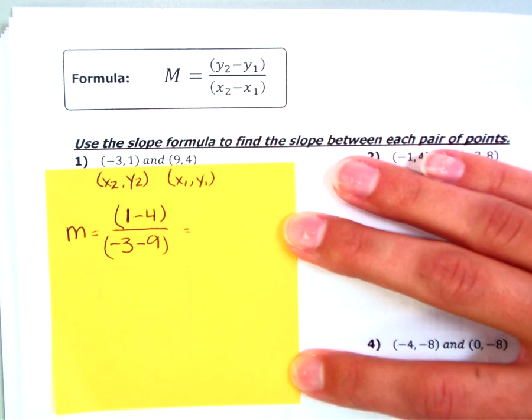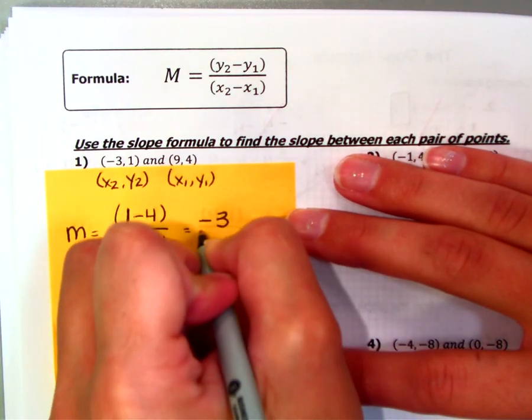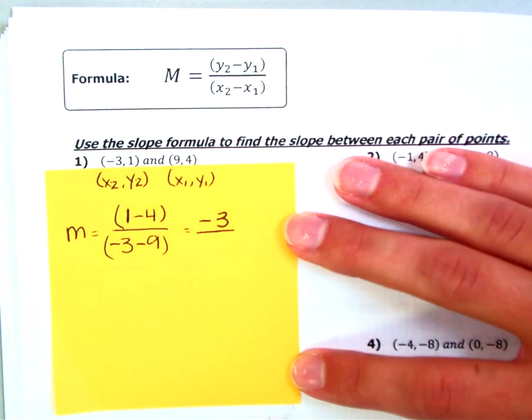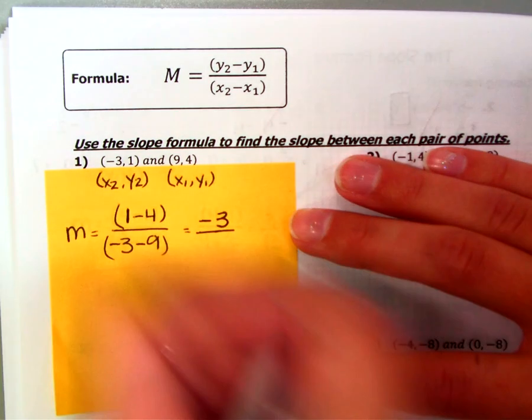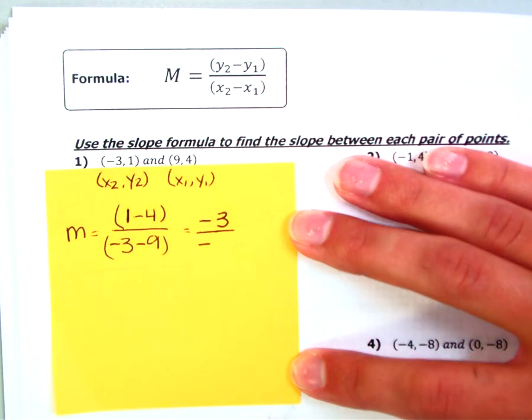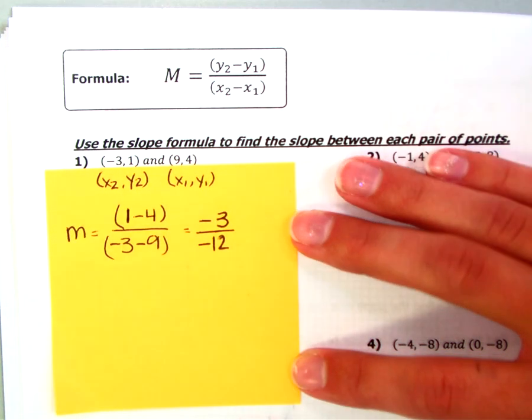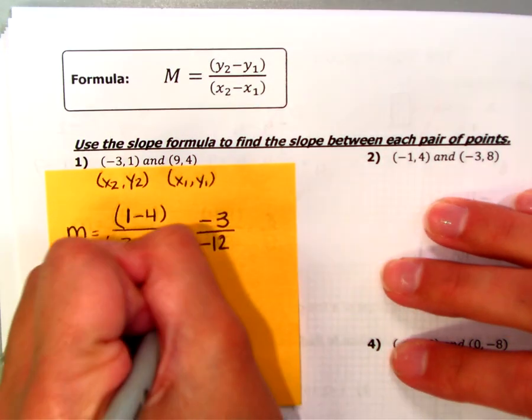All right. What is 1 minus 4? Negative 3. What is negative 3 minus 9? Negative 12. What is negative 3 divided by negative 12?